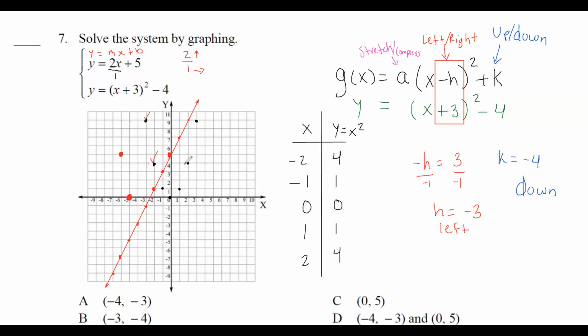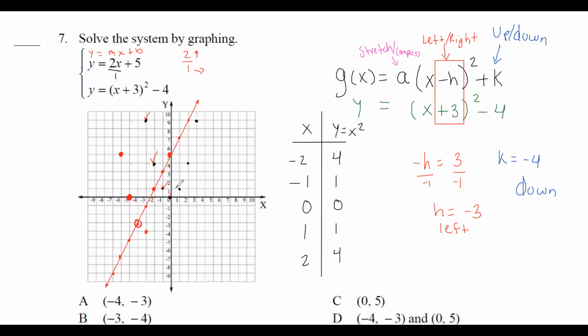My next one, 3 left, 1, 2, 3, and 4 down, 1, 2, 3, 4. Next one, the same. I already have a repeated point, so this one's check. My next point, 3 left, 1, 2, 3, and 4 down, 1, 2, 3, 4.